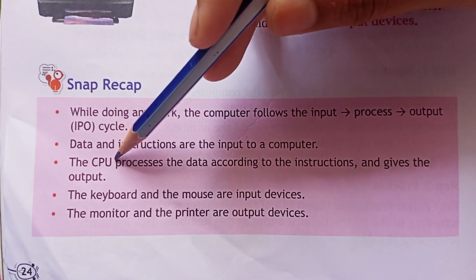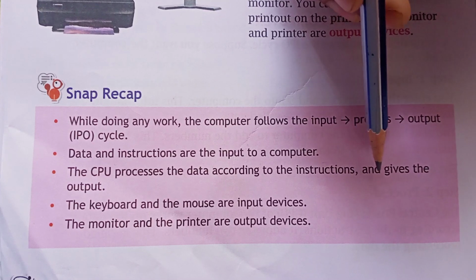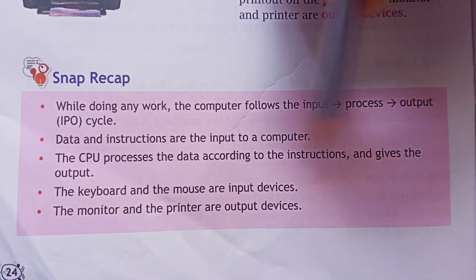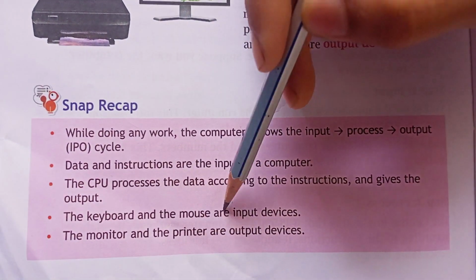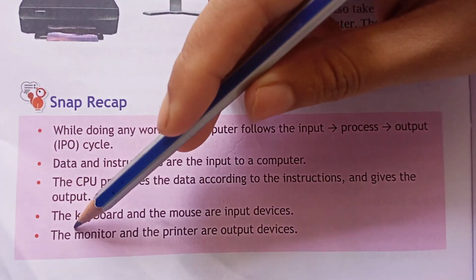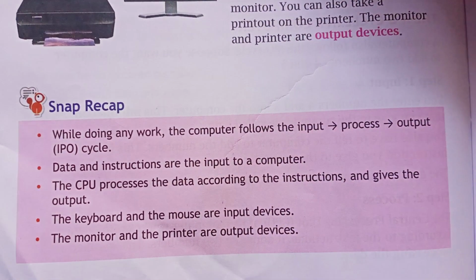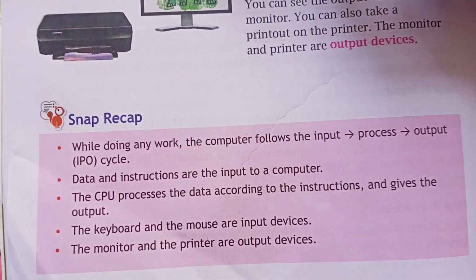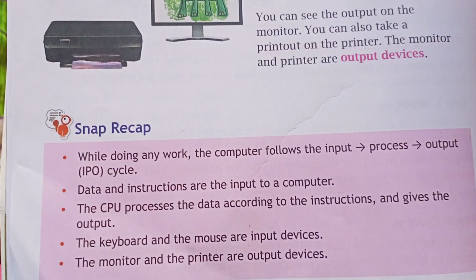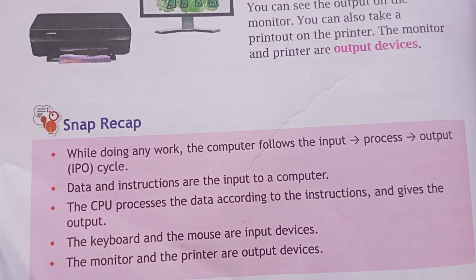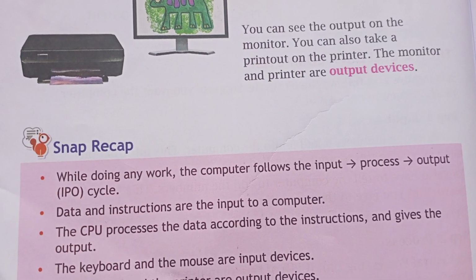The CPU, which is called the brain of the computer, does the work and gives the result, the output. The keyboard and the mouse are considered input devices, and the monitor and the printer are output devices. So this is the small summary of the whole chapter. You all read the chapter very well and try to understand each and every concept. And if you find any doubt, you can ask me.